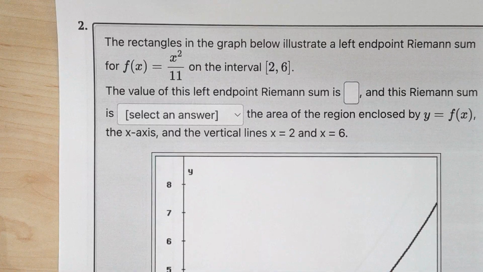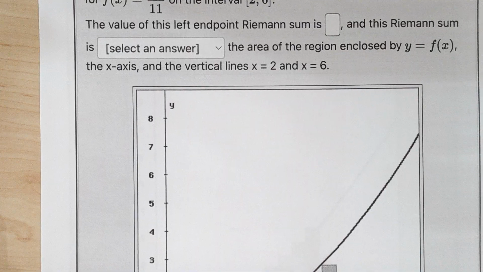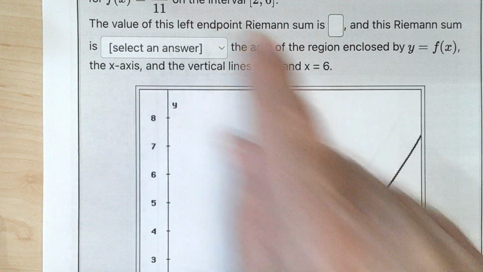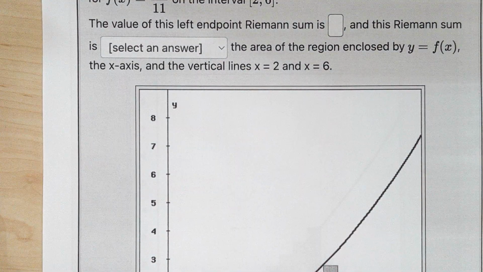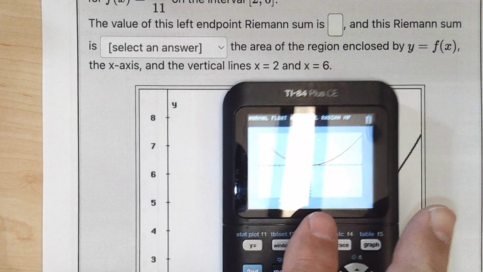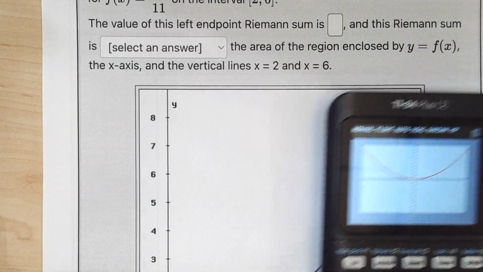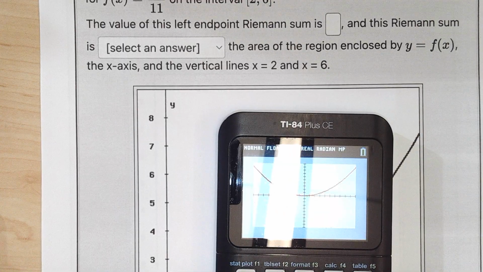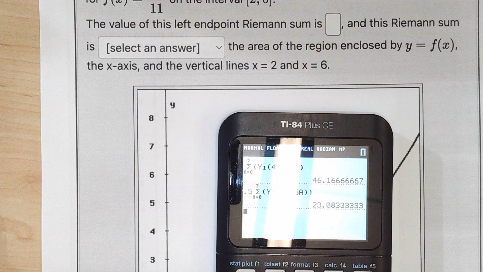So, what we need to do is, if we're going to do a left endpoint, left hand, we're going to do endpoints on the left side of these. So we want to do a sum of this. Let's go second quit, and we want to do clear.